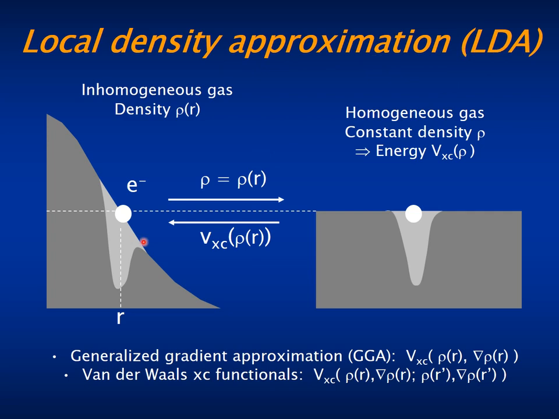In this, we make the exchange and correlation potential depend on the density at only the point at which the electron is.